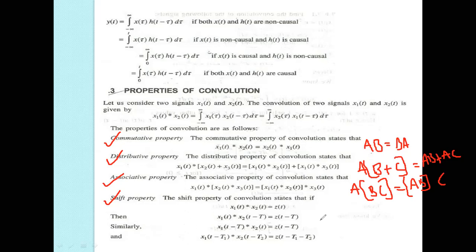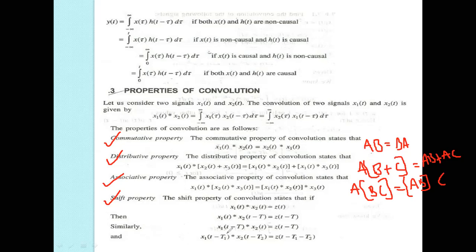If the input is delayed by tau samples, the output is also delayed, and we call it time invariant. If the input is delayed and the output is not delayed, the function is a time variant signal.